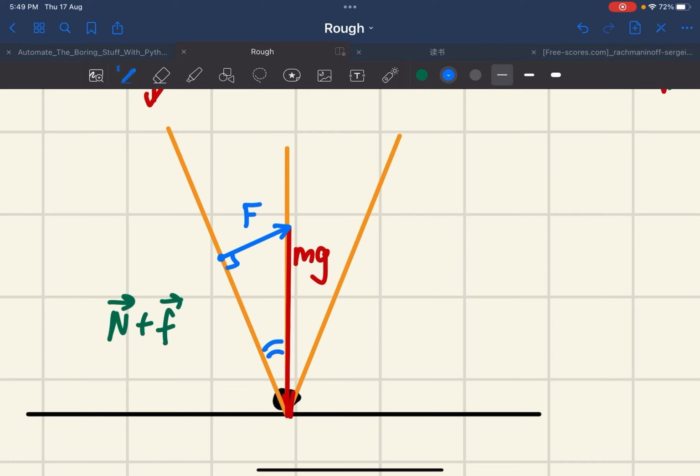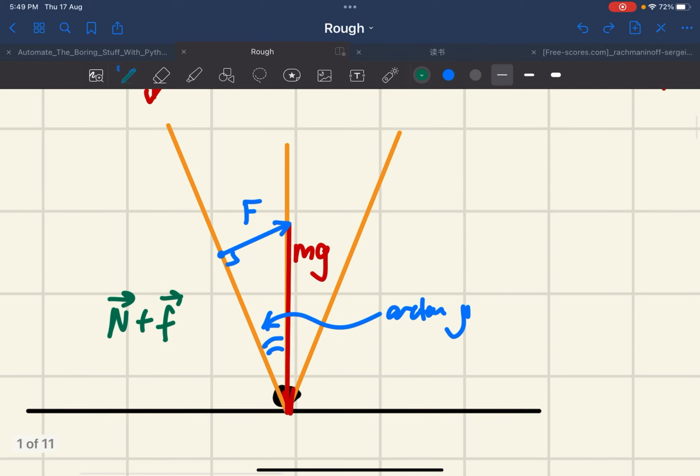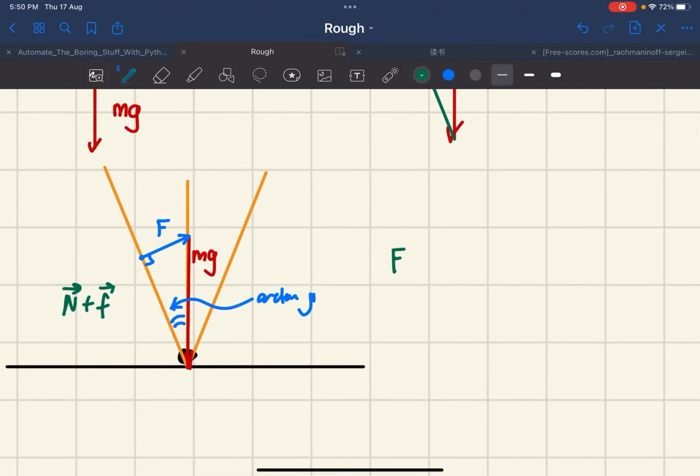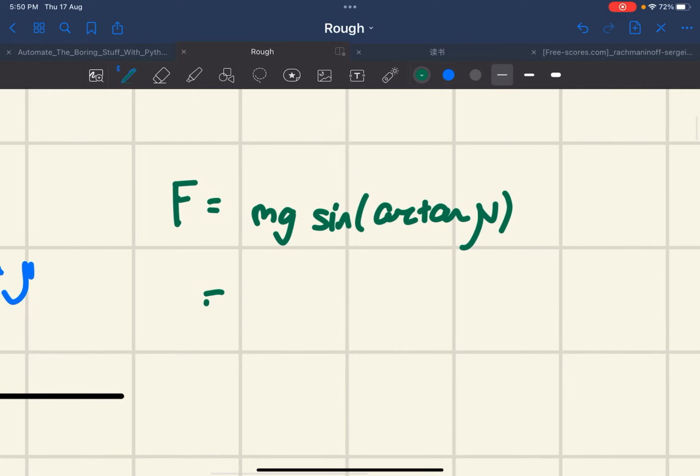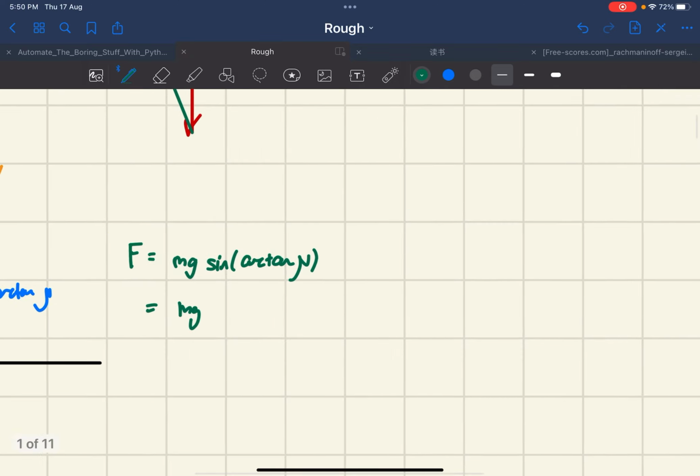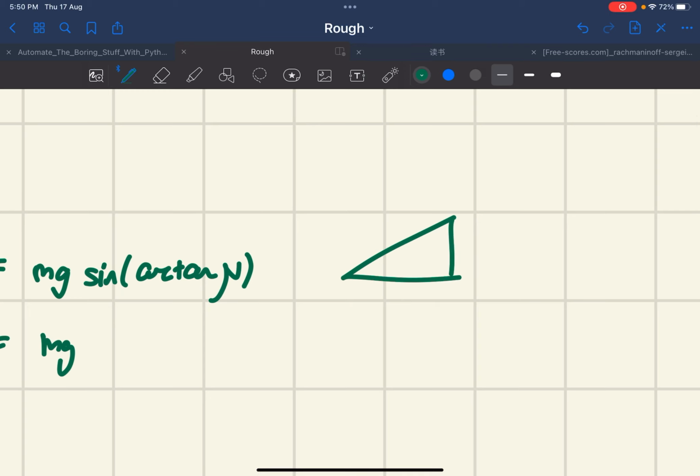This angle as usual is arctan mu. This is a right triangle, so we can use trigonometry. F equals mg sine of arctan mu. And of course, this is mu, this is 1, this is the right angle, and this is the angle.